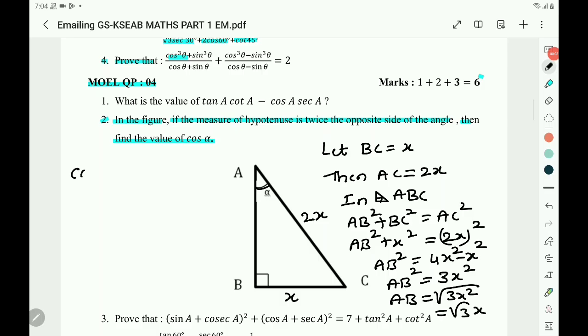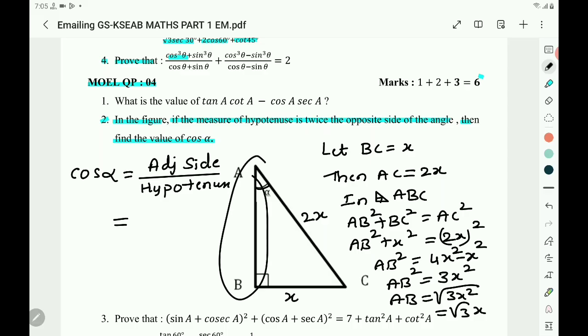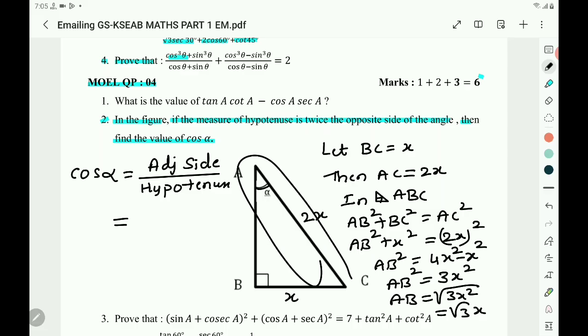Cos alpha equals adjacent side by hypotenuse. Adjacent side is AB, hypotenuse is AC.